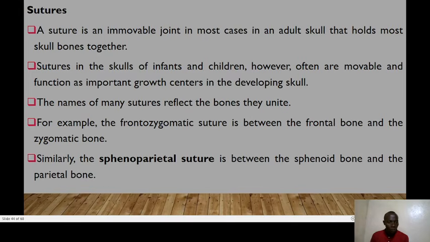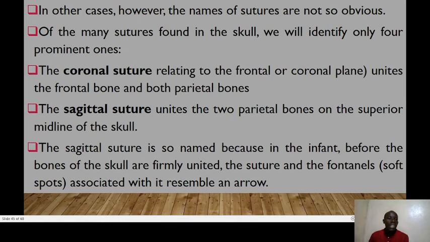The names of many sutures reflect the bones they unite. For example, the frontozygomatic suture is between the frontal bone and the zygomatic bone. Similarly, the sphenoparietal suture is between the sphenoid bone and the parietal bone. In other cases, however, the names of the sutures are not so obvious.